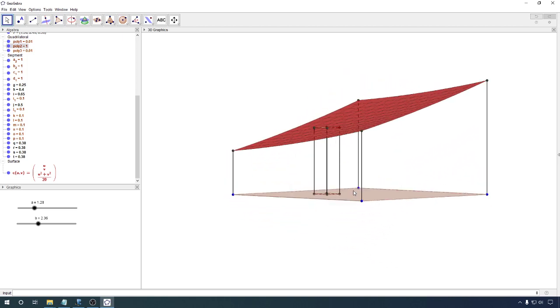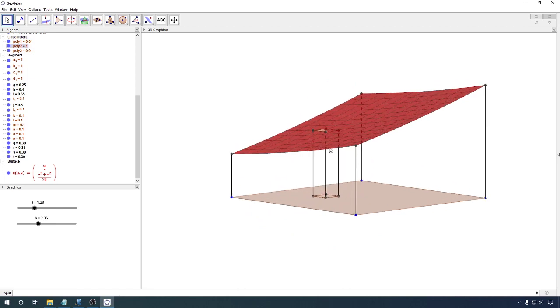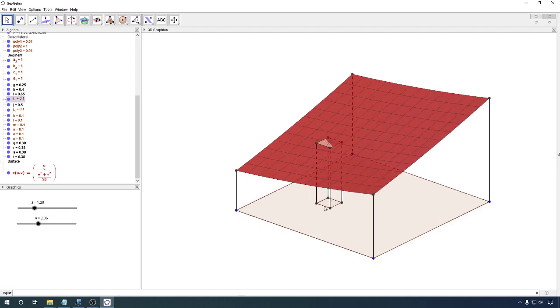This will have a volume that is fairly easy to calculate as long as we know the area of this base and the height of the box. We could move this around, see exactly how it changes, and think of having a whole bunch of these boxes and adding up their volumes.